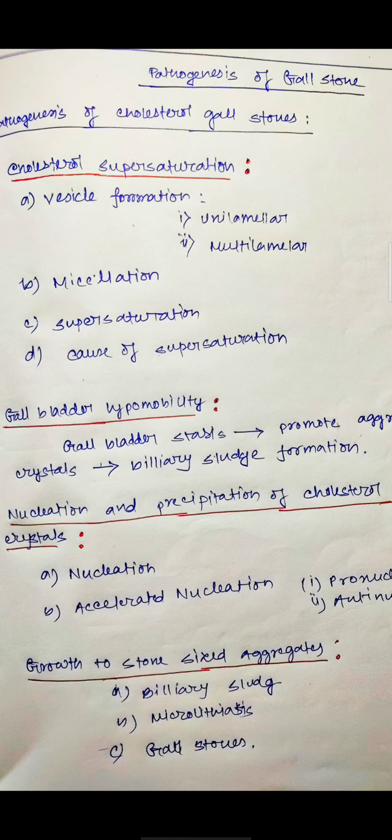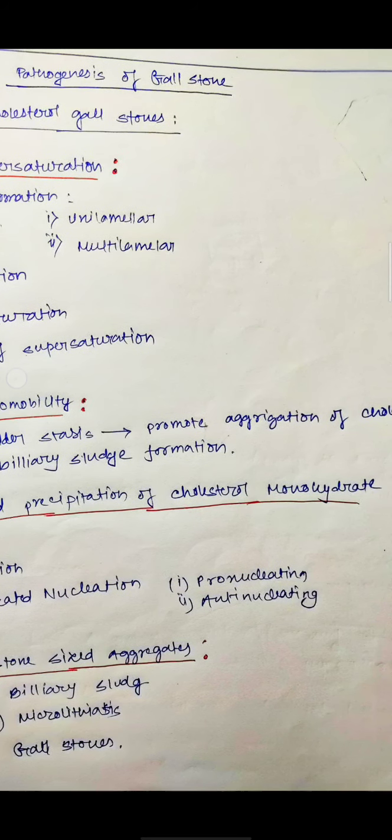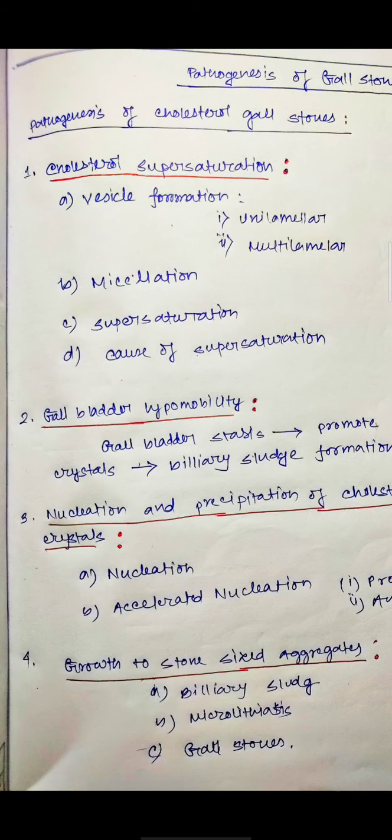And now the third part is nucleation and precipitation of the cholesterol monohydrate crystals. So what does nucleation mean? Look, when there is increased cholesterol and cholesterol saturation, cholesterol cannot be solubilized, so cholesterol remains in its primitive form, the unilamellar vesicle form.